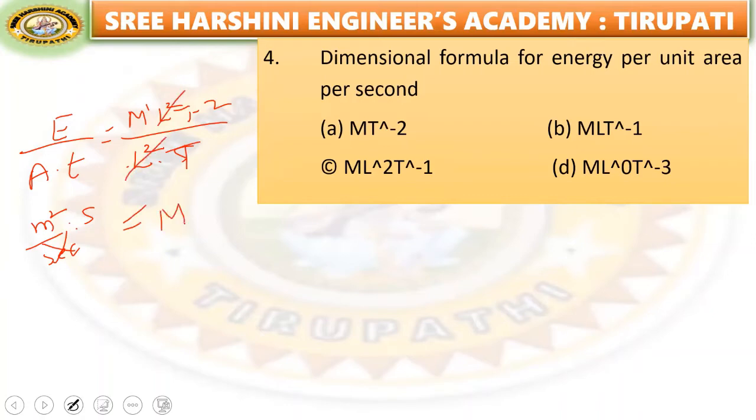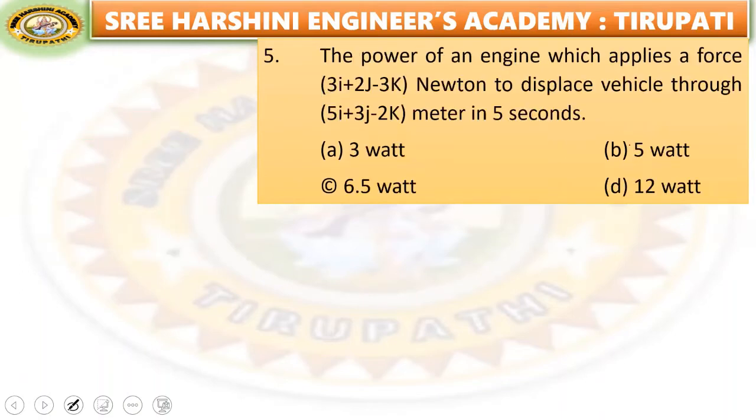So M1 L power 0 T power minus 3. Option D is the right answer.